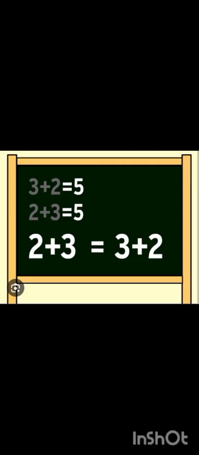This is known as commutative properties. So let's see some examples of commutative properties.